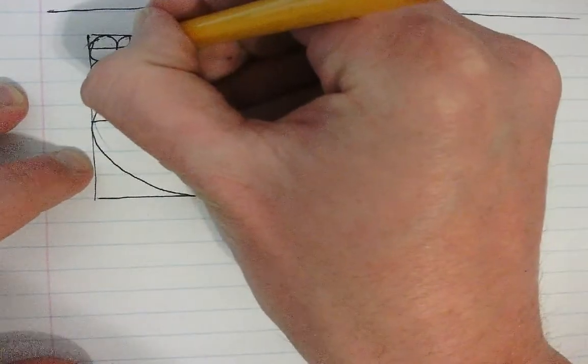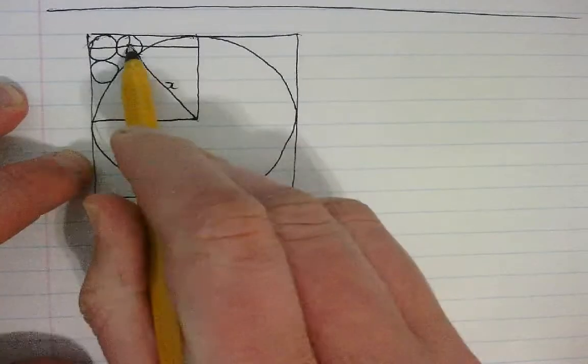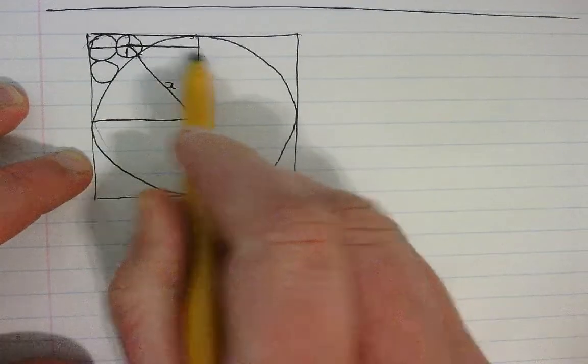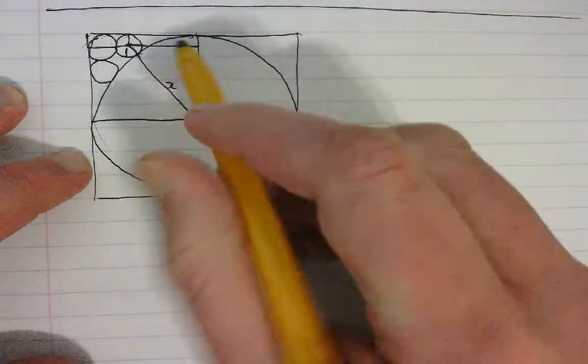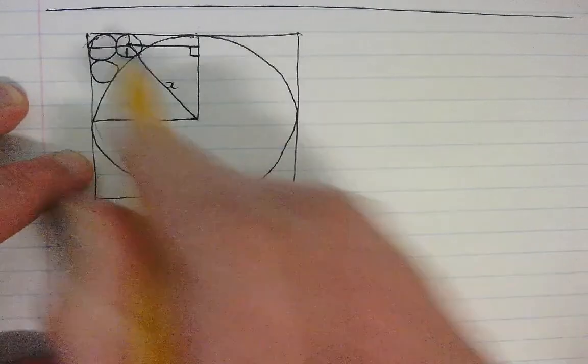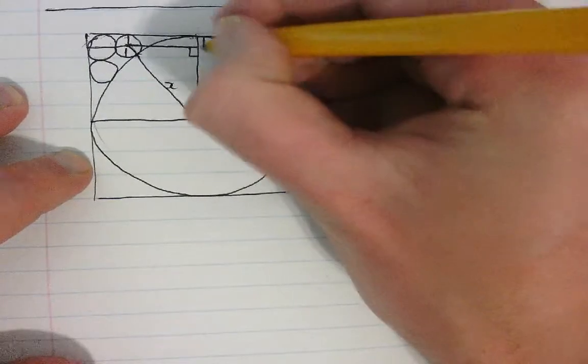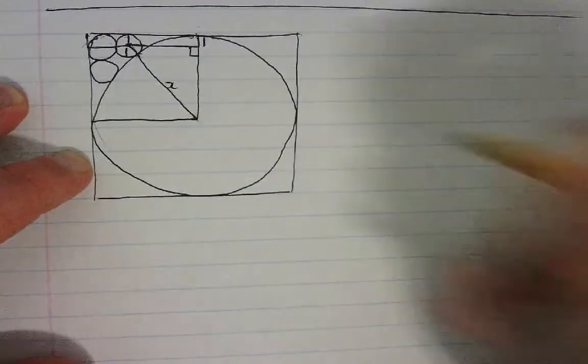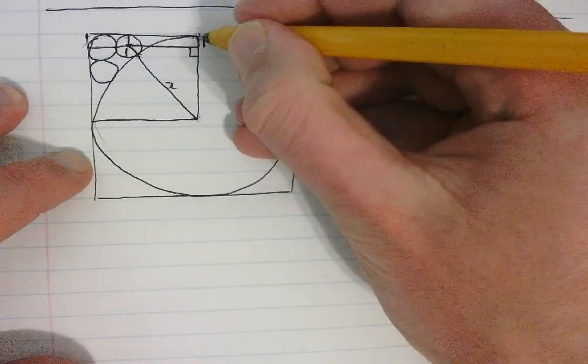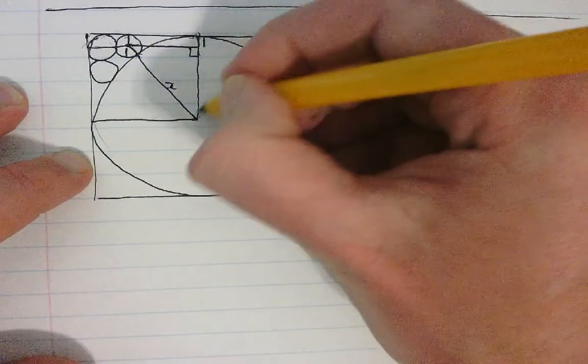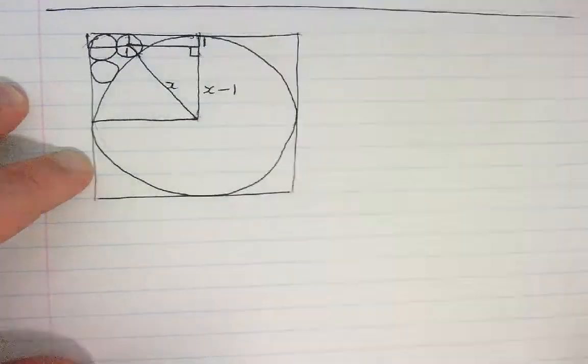If I extend this line over here, we get something that's going to be perpendicular to this line. This height over here is 1, so that height over there is going to be 1. This whole length was x, so therefore this part of the length is going to be x minus 1.